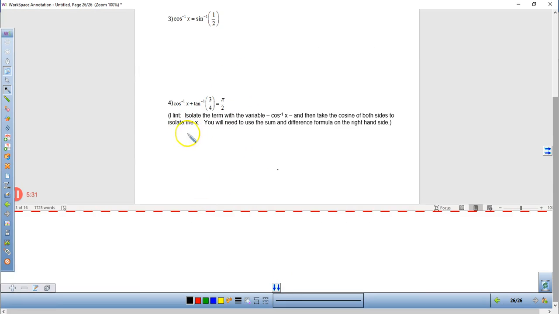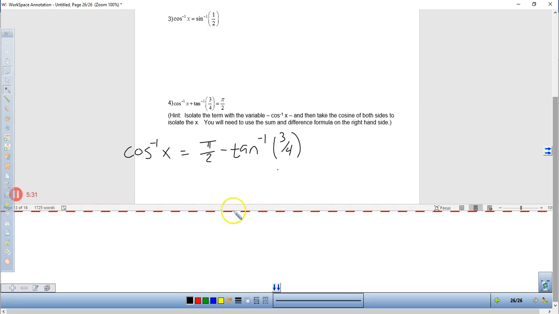That way we only have this question on the screen. So I'm going to go ahead and move the tangent inverse over. So I have cosine inverse is equal to pi over 2 minus tangent inverse of 3/4.